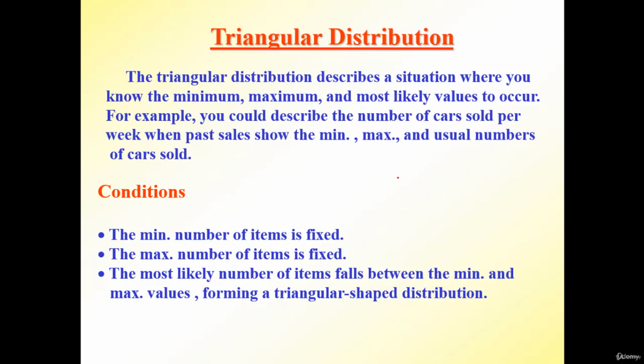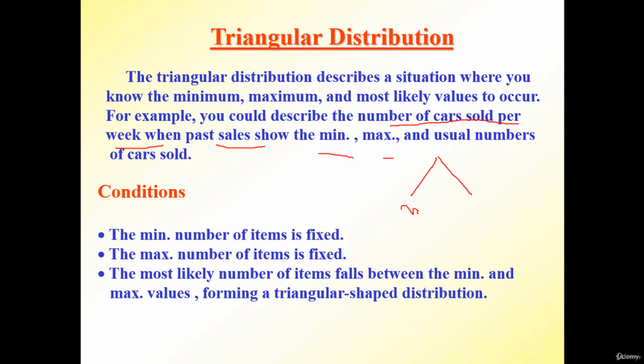Triangular distribution represents a variable with uncertainty. It can be used in case of three parameters: minimum, maximum, and most likely. Here it is mentioned, for example, to describe the number of cars sold per week, sales. We also use it when we deal with time.